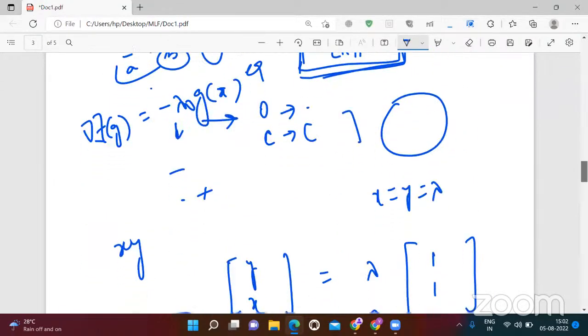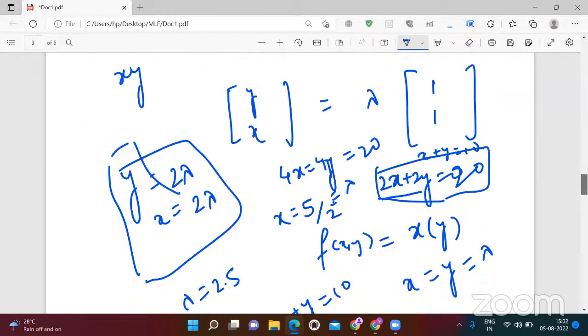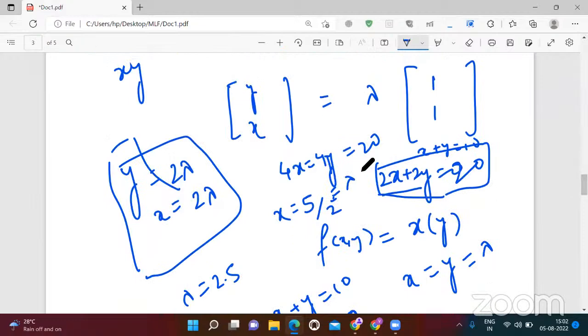I didn't get your point. Can you repeat that? Okay. So what I'm saying is... Your voice is not audible. Divide the equation by 2, we'll get x plus y equals 10, right?